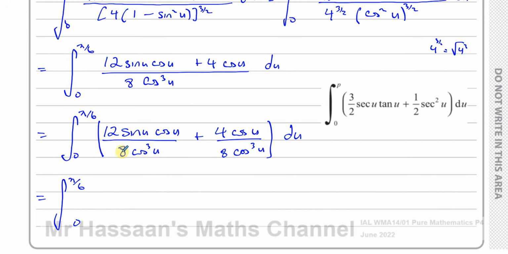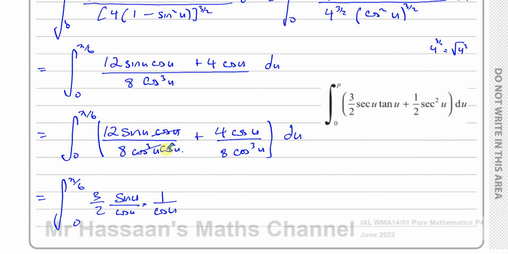Now 12 divided by 8 gives you 3 over 2. Divide by 4, divide by 4. So you get 3 over 2, which is what we want. Now this cosine u cancels with this cosine u, so you're going to get cosine squared u. So I can write this as sine u over cosine u times 1 over cosine u.